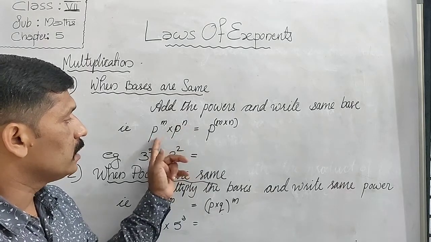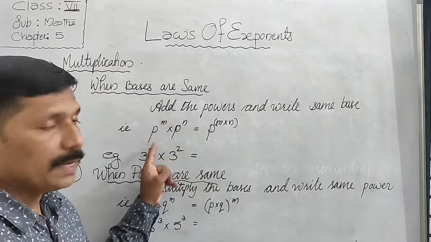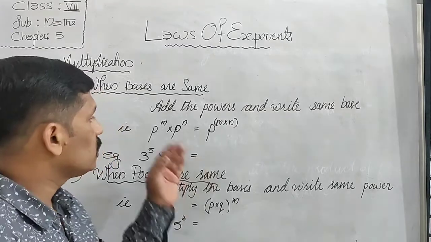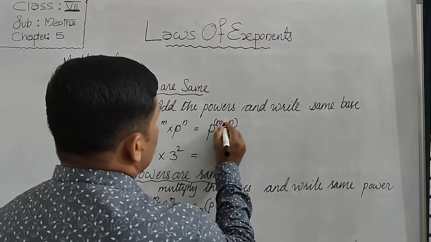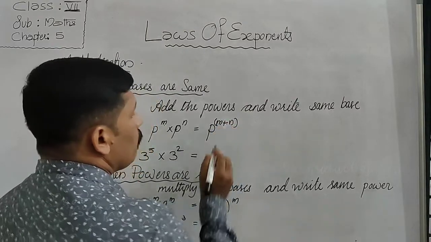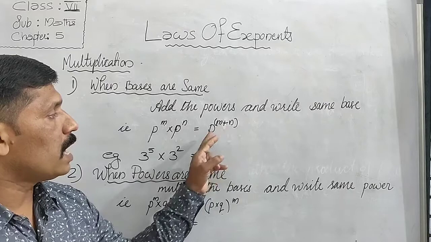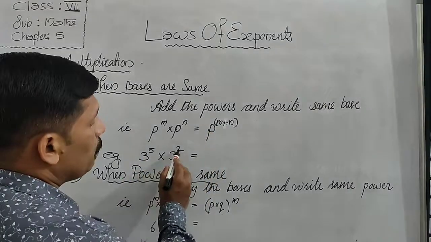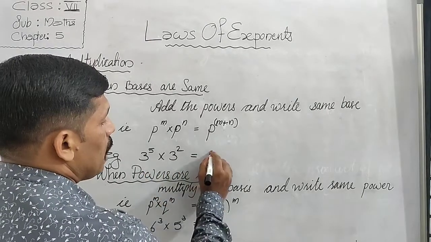Here you can see that the bases are the same but the powers are different, and it is multiplication. So in multiplication, when the bases are the same and powers are different, what do we do? We add the powers, m plus n, p power m plus n. That means we add the powers and write the same base. One example: 3 power 5 into 3 power 2. Here the bases are the same and powers are different.